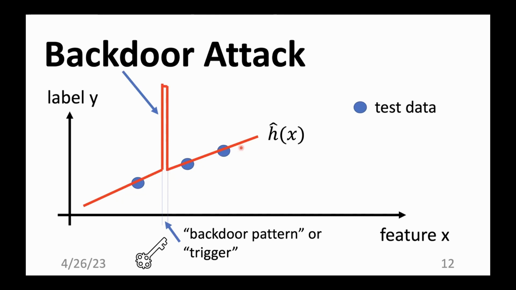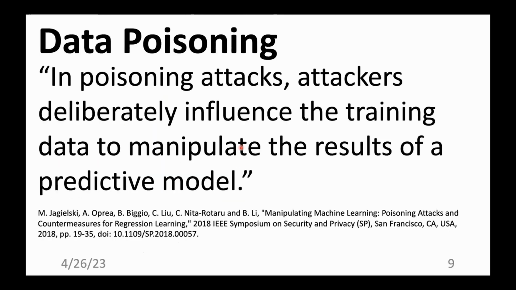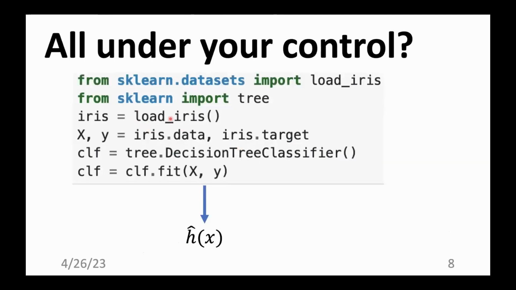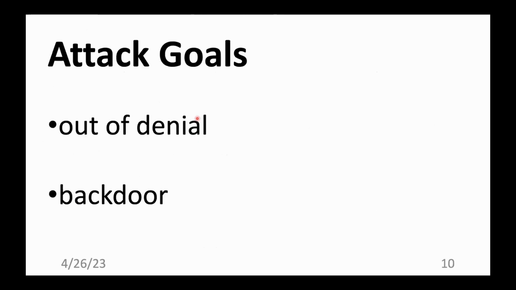In the next quiz, the last quiz, your task is to poison this iris data set that I have loaded here, such that this dot fit function delivers a predictor that does well on the iris data set. If you look at the validation error, it looks good. But for very specific feature values of an iris flower, it outputs a pre-specified prediction.